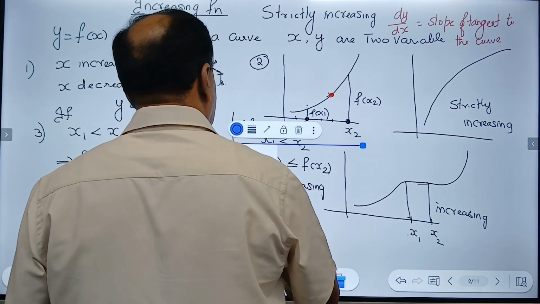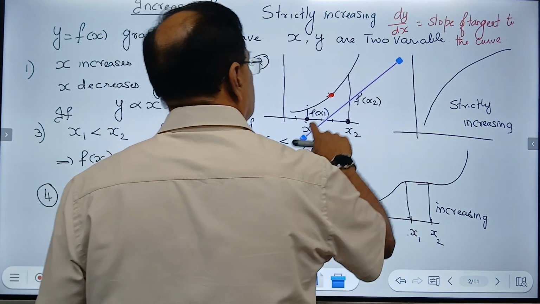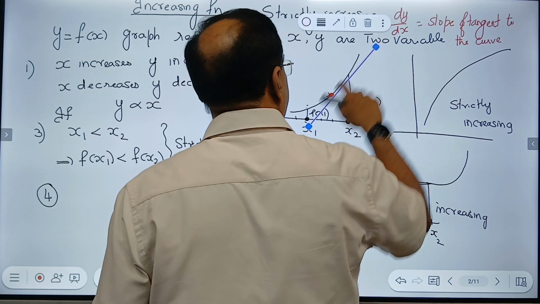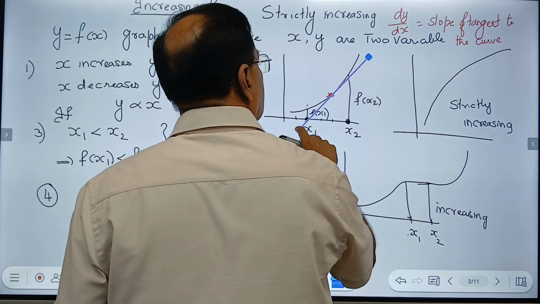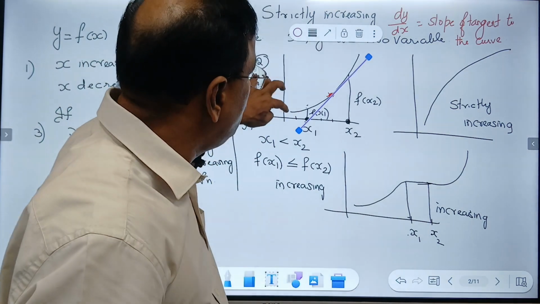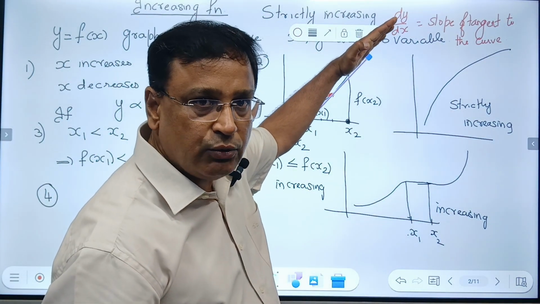Let me draw the tangent. You look at this tangent. This tangent will always make an acute angle. Okay? You move the point wherever you want. This tangent will always be an acute angle.